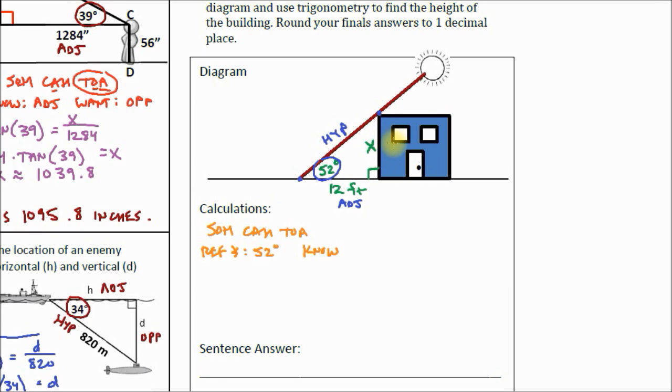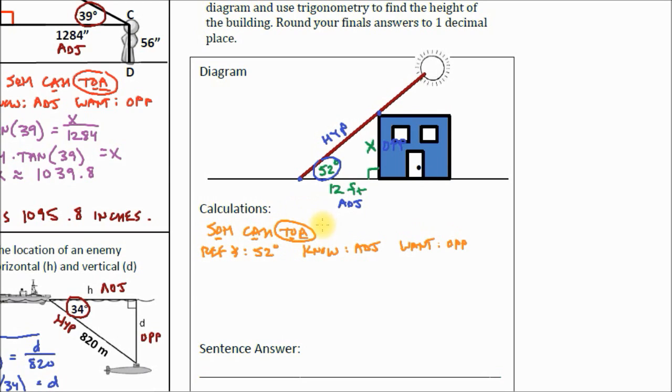I'll just write on top of the house, opposite. Okay, so we know the adjacent side, or the shadow. We want to know the height of the building, which is the opposite side. So opposite, adjacent, opposite, adjacent.